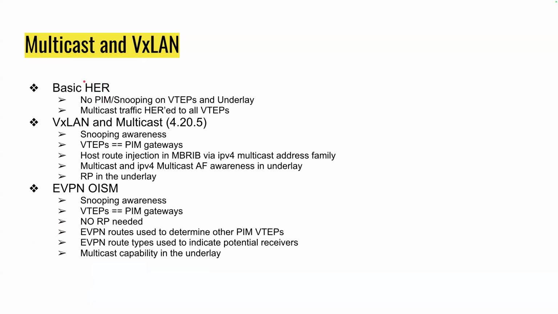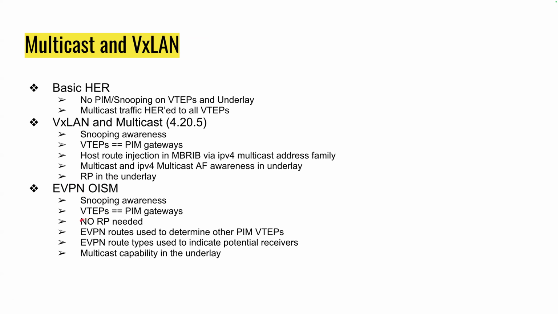Just to recap, this was like the basic HER where we did not have snooping and we were just flooding to all the VTEPs. Then we used VXLAN multicast, which was snooping aware, but we used a lot of things like unicast route injections into the underlay. Then we came up with EVPN OSM, which is snooping aware, and in this case there is no RP needed.